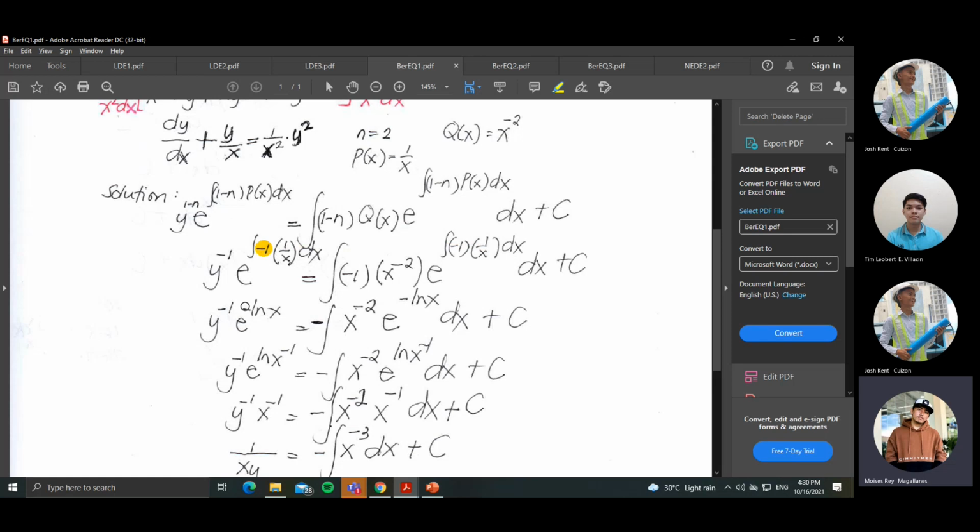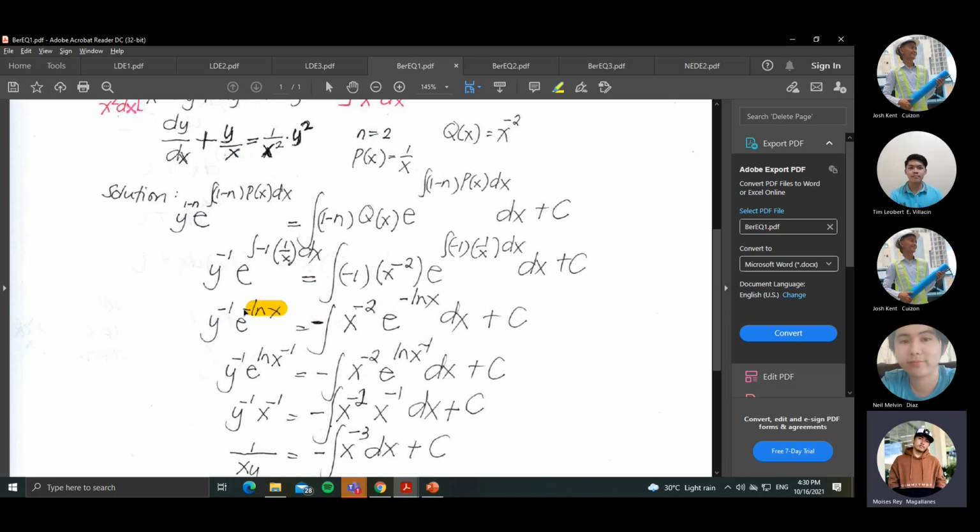This negative 1 we can take outside. So we solve 1 over x, or dx over x, and the answer is ln of x. Since it has the negative, the answer is negative ln of x.